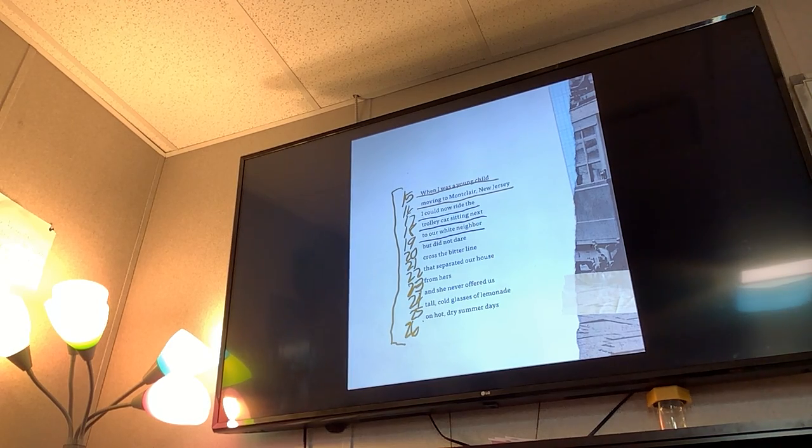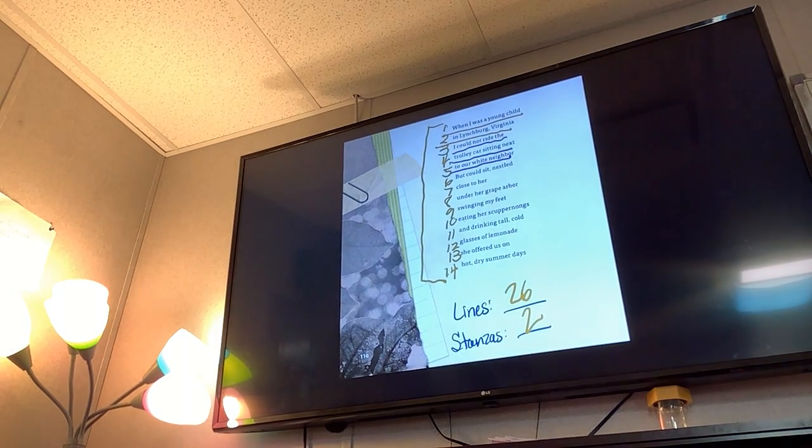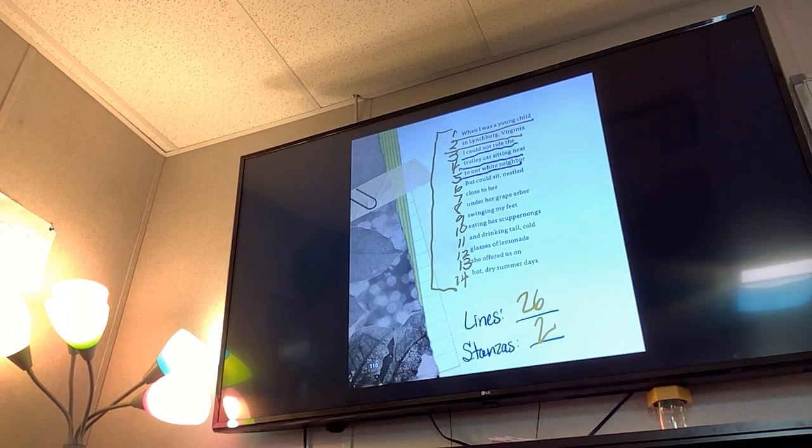Lines 13, 14. So our friend told us to turn to lines 12, 13, and 14. What do you see? Is it similar? Are we comparing? Are we contrasting? Is it different? Similar or different? It's different.